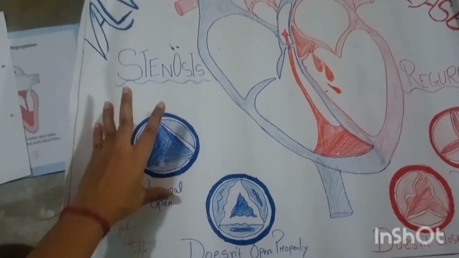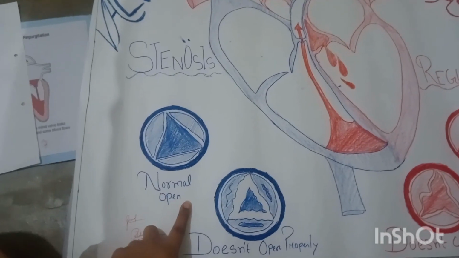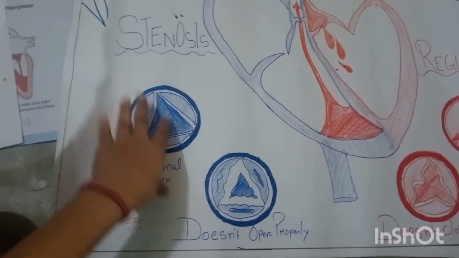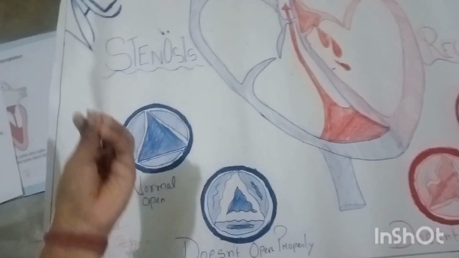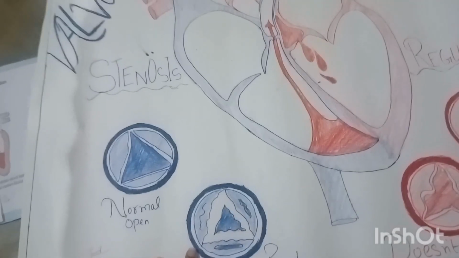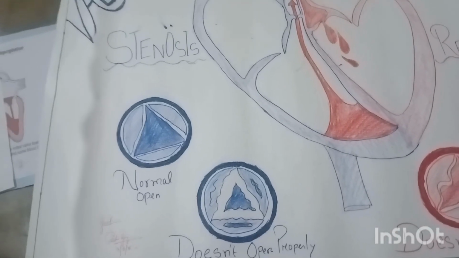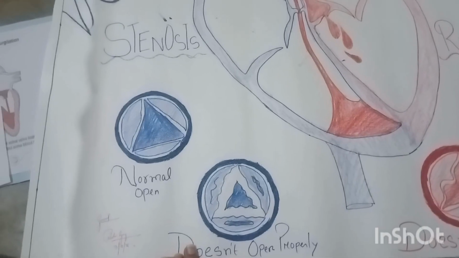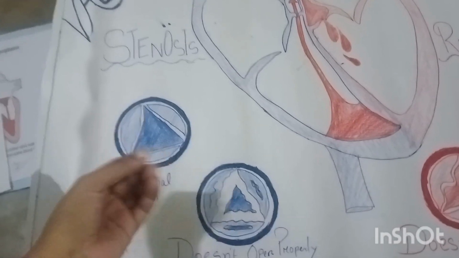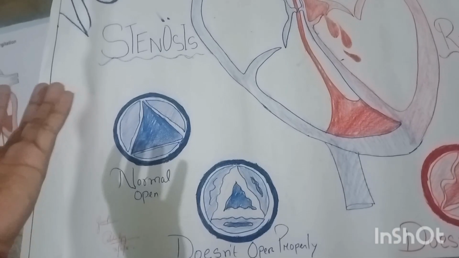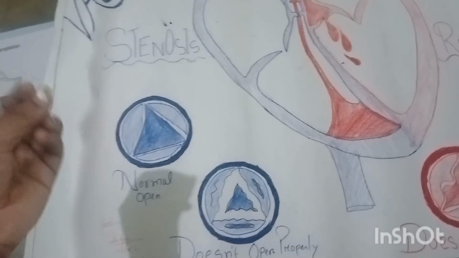So in stenosis, this is the normal valve. It looks like this. It opens properly. In stenosis, the valve gets attacked by some bacterial infection, some bacteria like streptococcus bacteria, or due to some fever like rheumatic fever, which is caused mainly by immune deficiency.